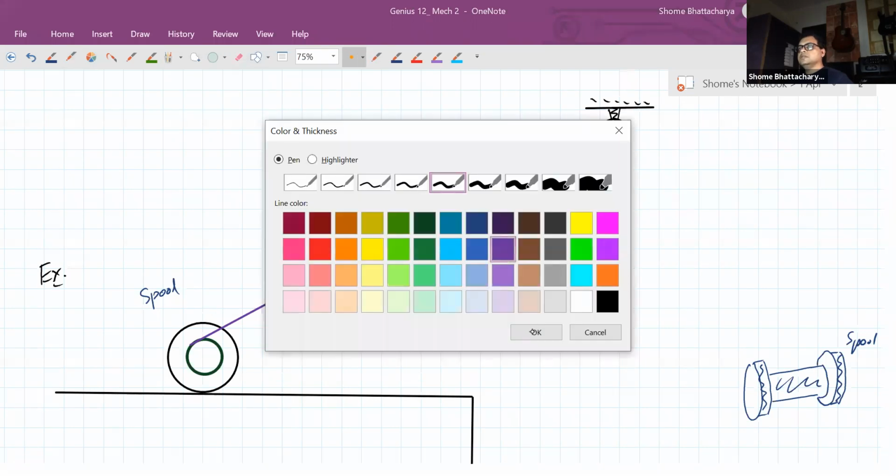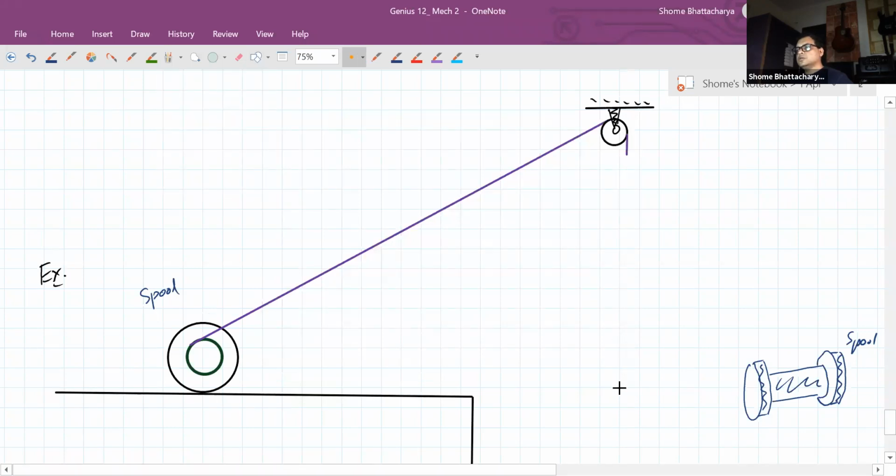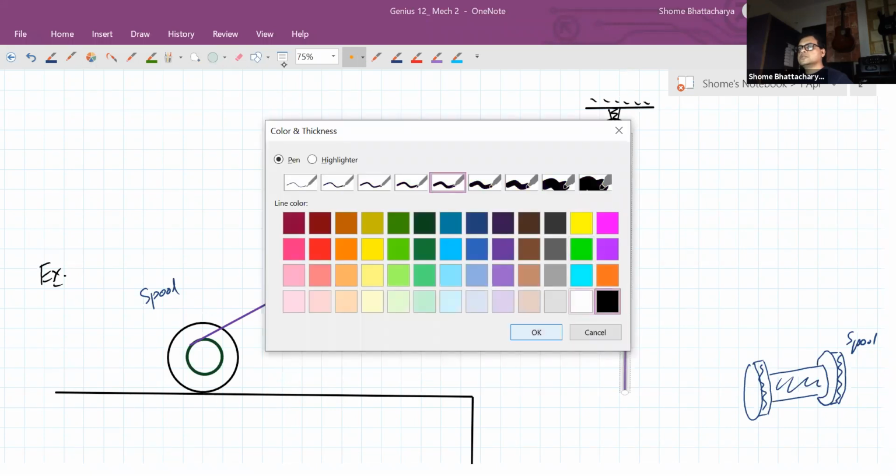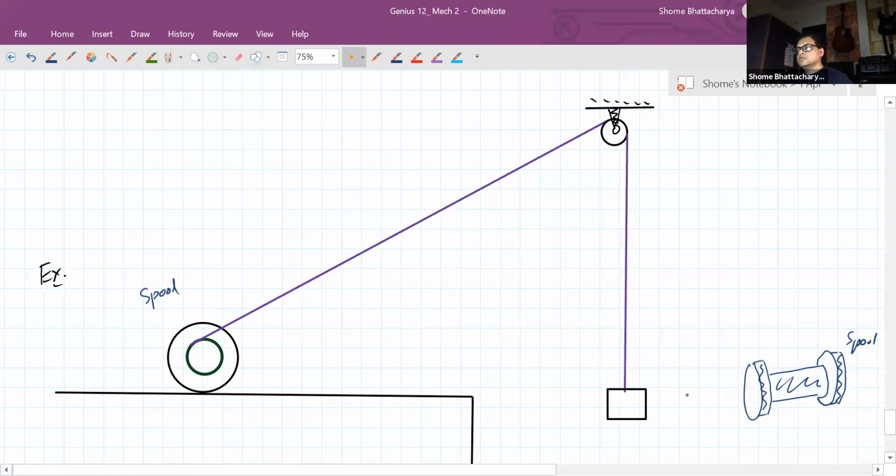And now the other end of the thread is attached to the block. It's like this. And this here is a rough surface.